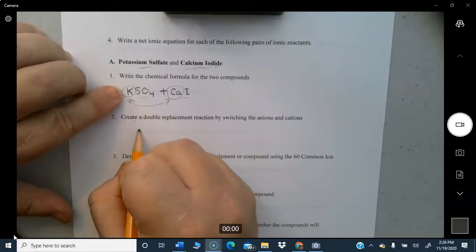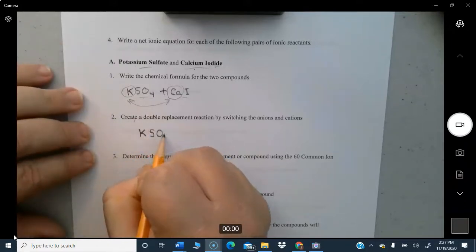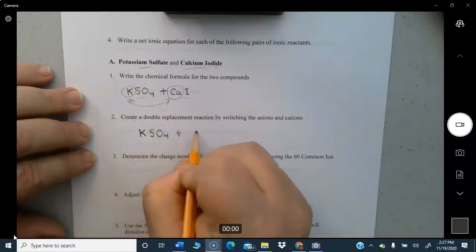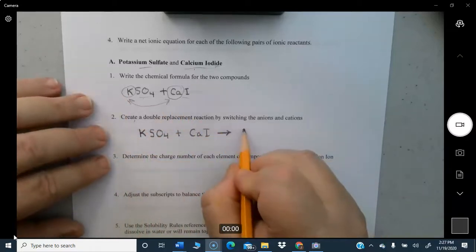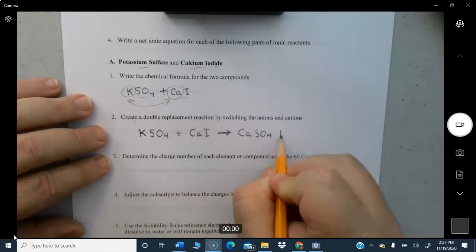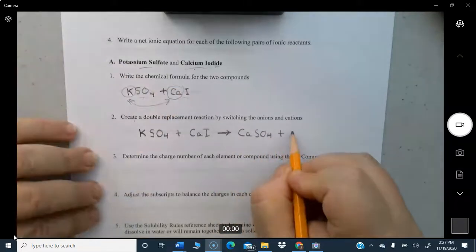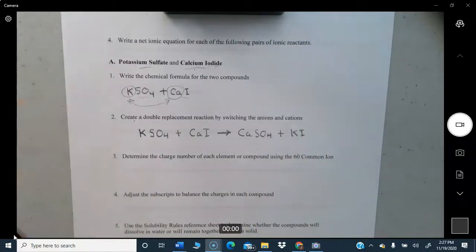First of all, I'm going to rewrite this so that I have the entire reaction here. The reactants are this. And the products are after you switch these. So it's going to be CaSO4. And the K moves over and pairs up with the I. That's called a double replacement reaction. So there you go. You got your reaction.